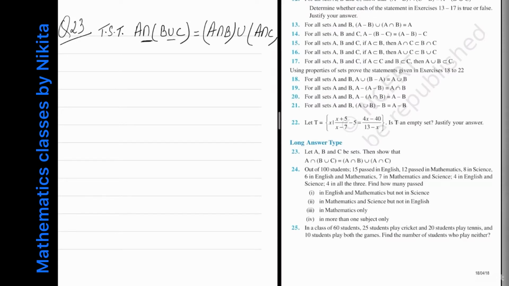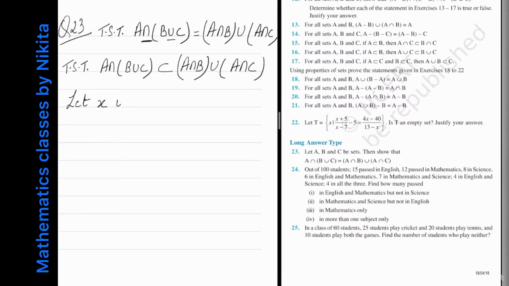So let's prove this. First we will prove one side. That means first we will prove that A ∩ (B ∪ C) is contained in (A ∩ B) ∪ (A ∩ C). So start with any arbitrary element x. So let x belong to A ∩ (B ∪ C).